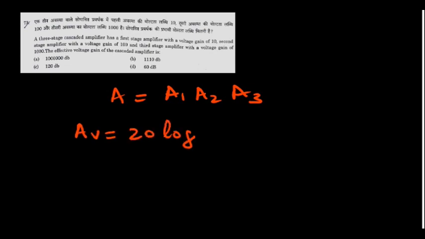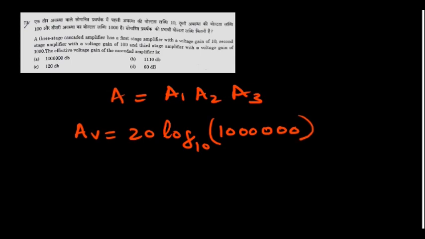A 3-stage cascaded amplifier has a first stage. First, the total gain is given by A1, A2, A3. In dB, the voltage gain is 20 log of the multiplication of these three: first 10, then 100, for 100 2 zeros, for 1000 3 zeros, so 6 zeros.